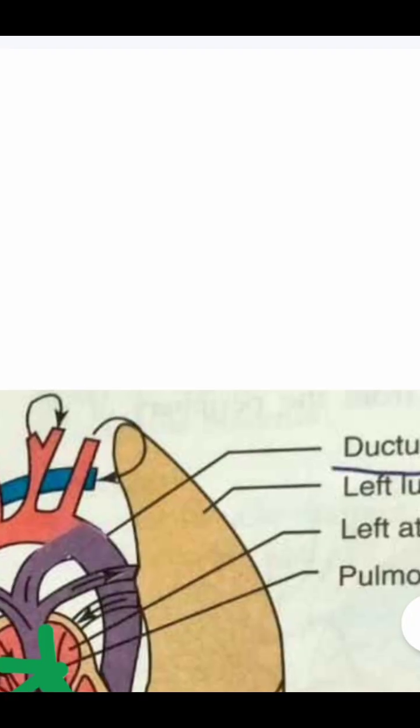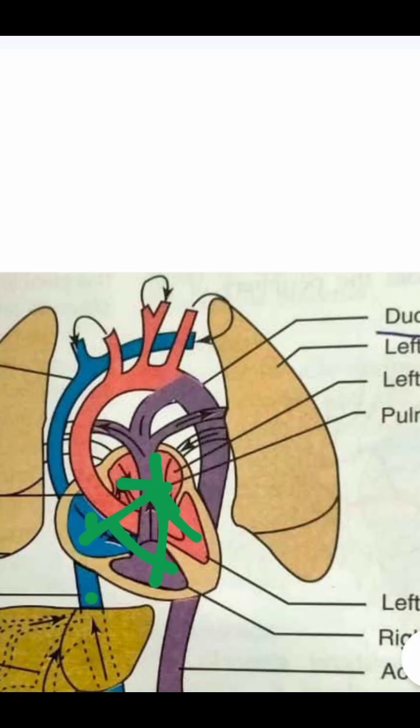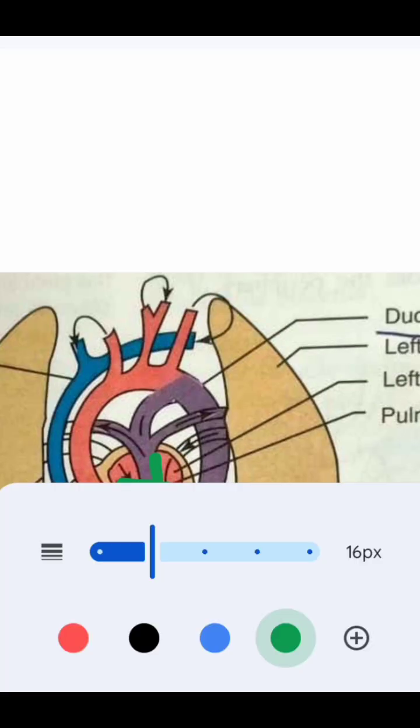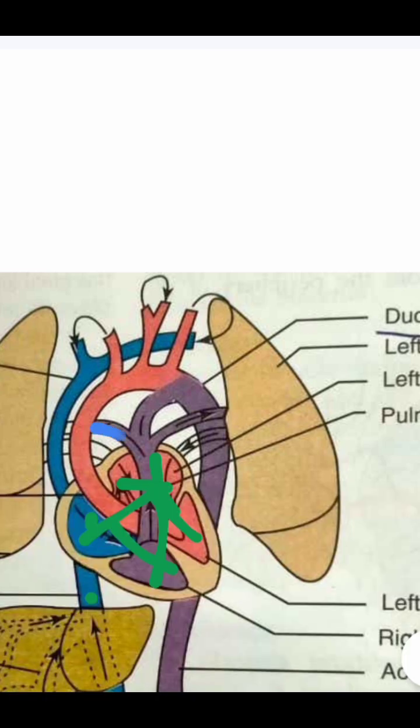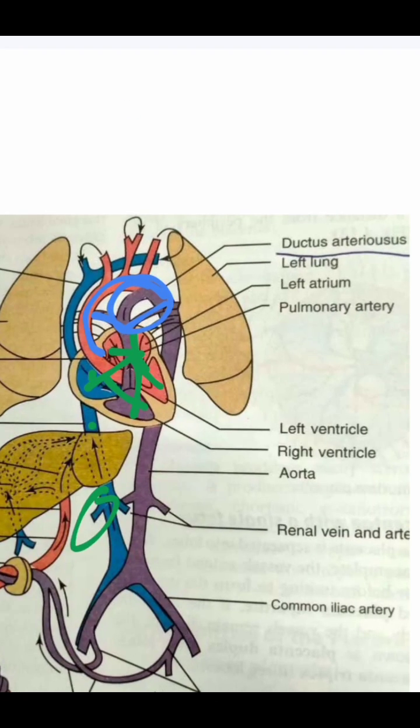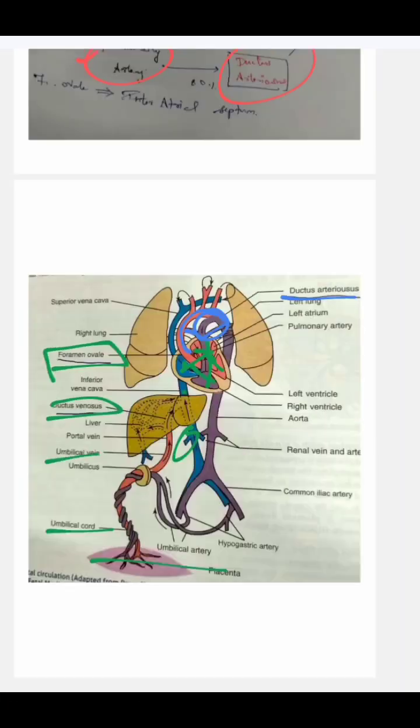Here you can clearly see the right and left pulmonary artery, and this is the aorta. Here you can clearly see the connection between the pulmonary artery and aorta, that is called the ductus arteriosus.